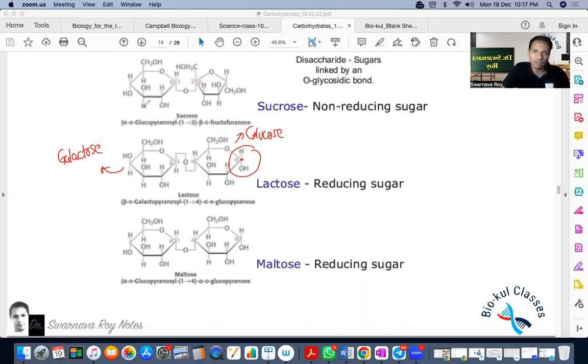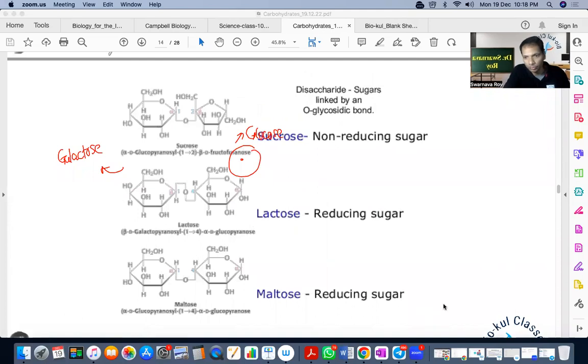If you compare this with the sucrose above, which is also a disaccharide, here you can see the anomeric carbon is bonded. But in case of lactose, which is made up of galactose and glucose, here the anomeric carbon is free. This one is free.